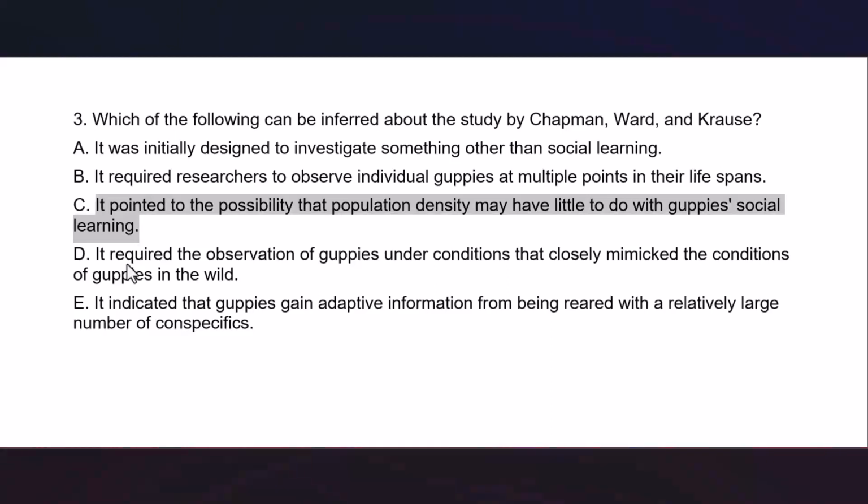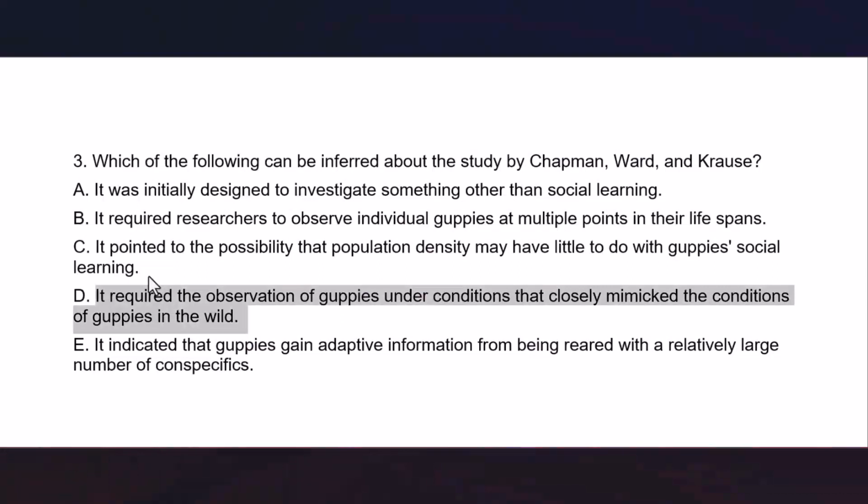Choice C: it pointed to the possibility that population density may have little to do with guppies' social learning. This option is wholly against what Chapman, Ward, and Krauss concluded in the research. Actually, in the research, they showed that population density plays a pivotal role in the guppies' social learning. So this option is clearly rejected. Choice D: it required the observation of guppies under conditions that closely mimicked the conditions of guppies in the wild.